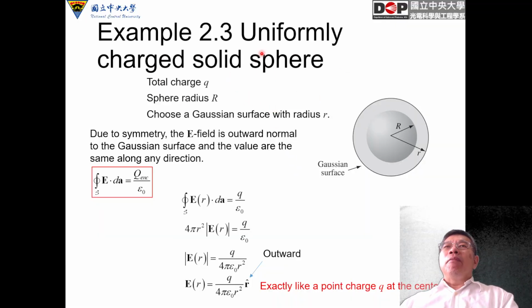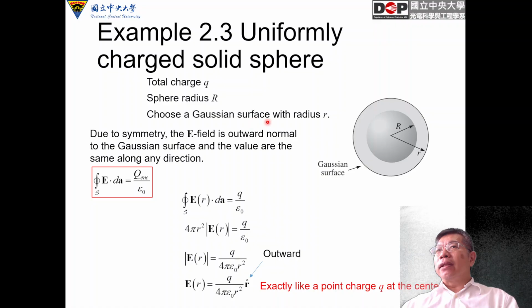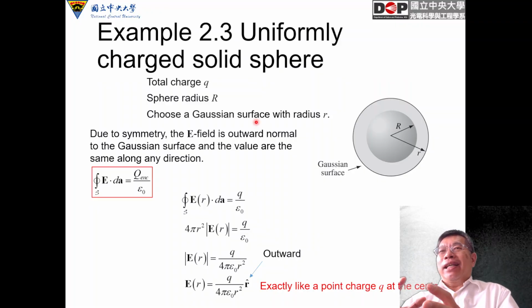Here is an example: a uniformly charged solid sphere. Suppose you have a total charge Q uniformly distributed inside a sphere of radius capital R. We can choose the Gauss surface. Again, the Gauss surface is something you choose. It does not need to be some physical existence.